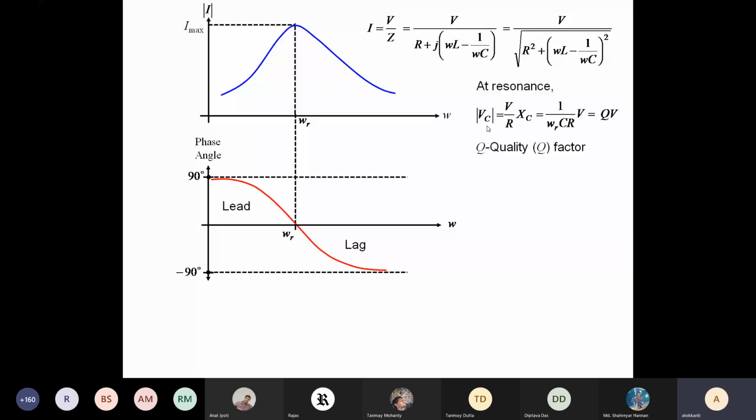So this 1 by omega RC R is called the quality factor of the circuit. Your Q is equal to 1 by omega RC R, and omega we found out as 1 by root over LC.